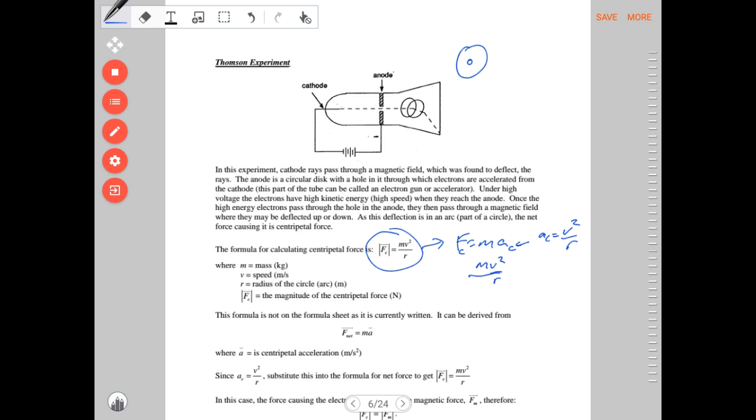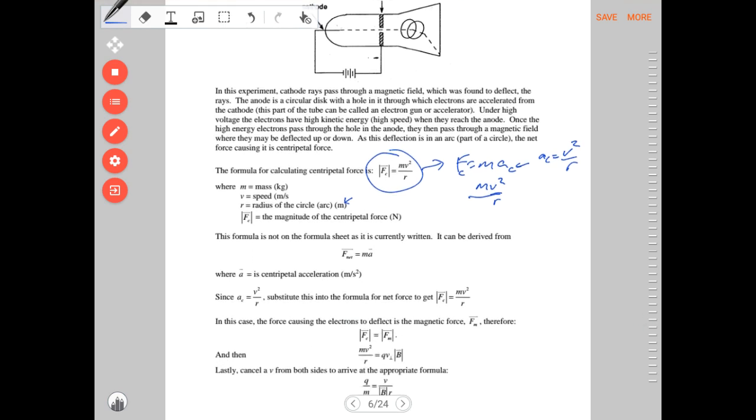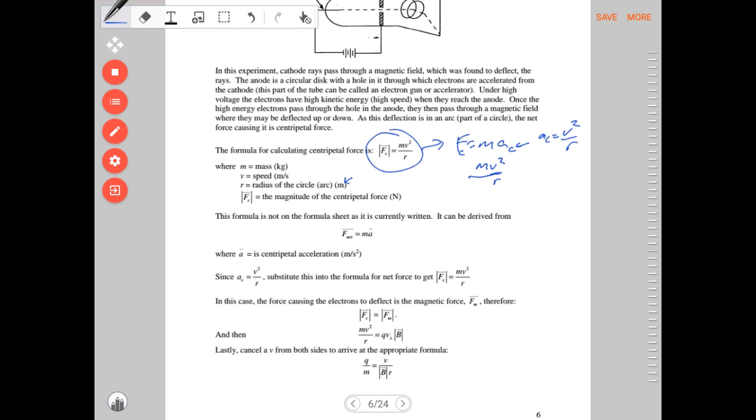All right. Okay, so mass, of course, in kilograms, v is meters per second, r is the radius of the arc measured in meters, so if it's given to us in another unit, we have to convert, and of course, Fc is the magnitude of the centripetal force. Okay, so I gave you the little explanation down below on how to find that. Okay, awesome. Okay, so that takes us to about here.